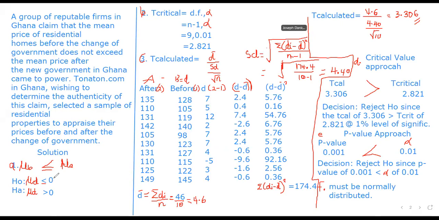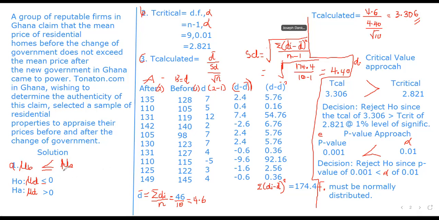So with the H0, this one was saying the before does not exceed the after, right? So here we are rejecting the null hypothesis.